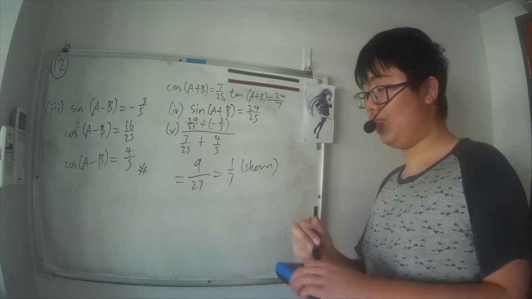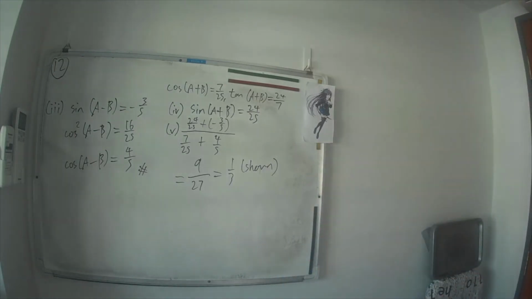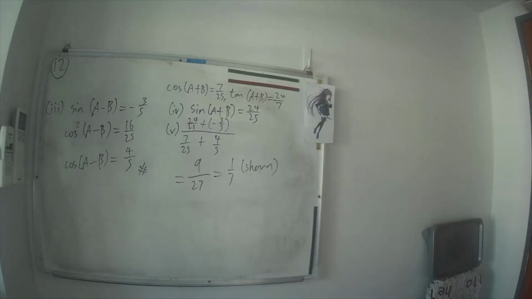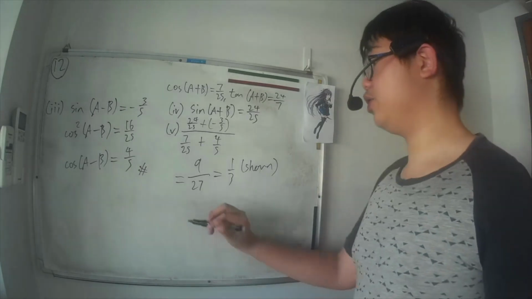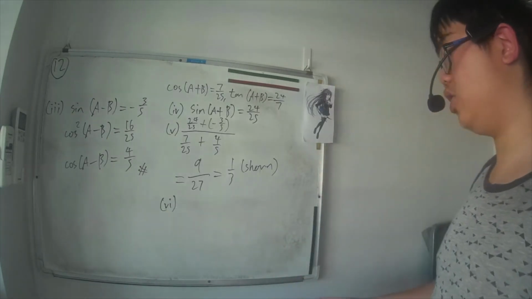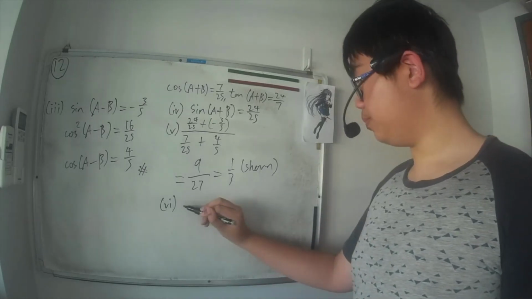Okay, the last part is just find the exact value of tangent B. Okay, if you would like to see that. So to find the exact value of tangent B, we must use our addition formula. So that's tangent A plus tangent B all over 1 minus tangent A tangent B. So let's write it down.